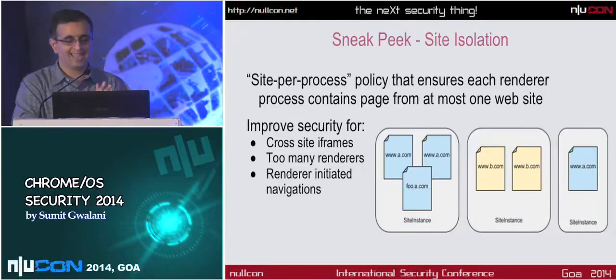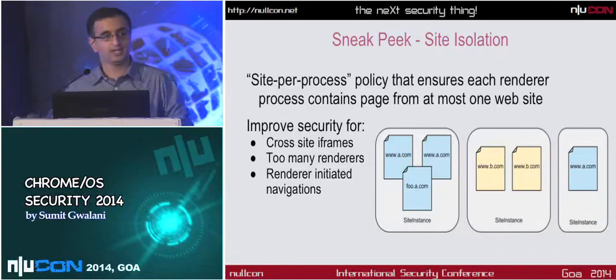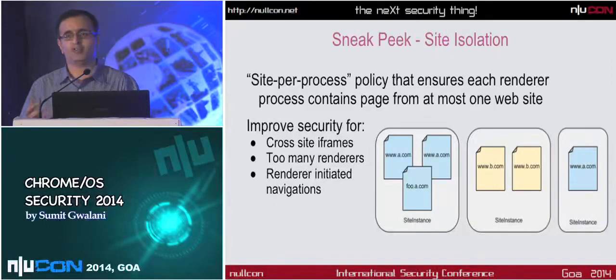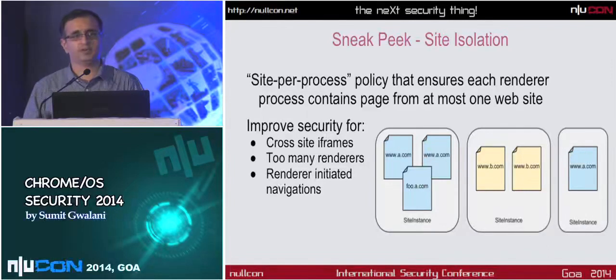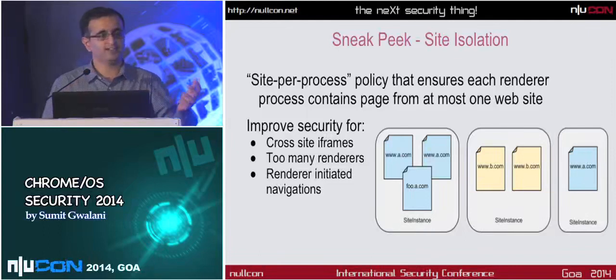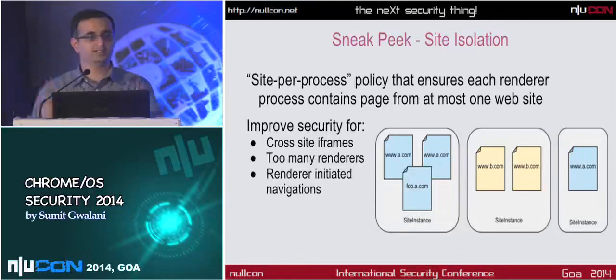Anything of the same main domain, so subdomains like www or foo.a.com, will be in the same site instance, but anything related to B or so on will be another one. This is still a work in progress. Hopefully we can land this sometime in 2014. It can help protect against cross-site iframes and too many renderer-issued navigations, providing protection at a secondary level in addition to the same origin policy that is already there.